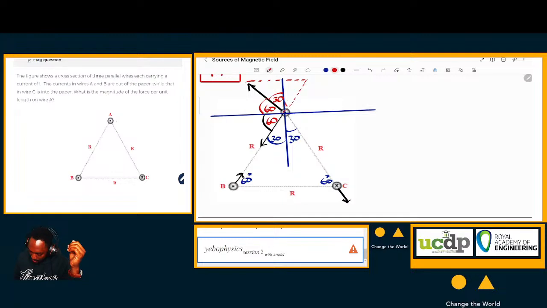This is how it would be. This becomes a 30 there, which means this angle is 60 there and 60 which I've indicated there. But that's just to clarify in case someone is wondering how we come up with the angles, but I'm sure it's quite clear. So these are going to be the magnitude of the forces.